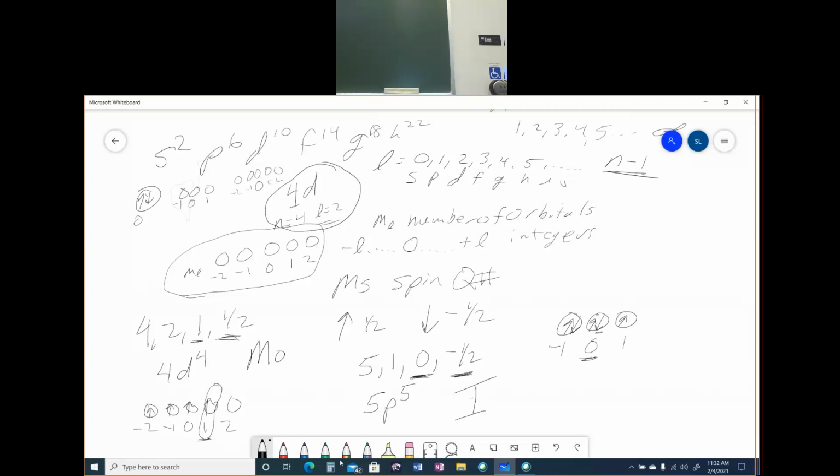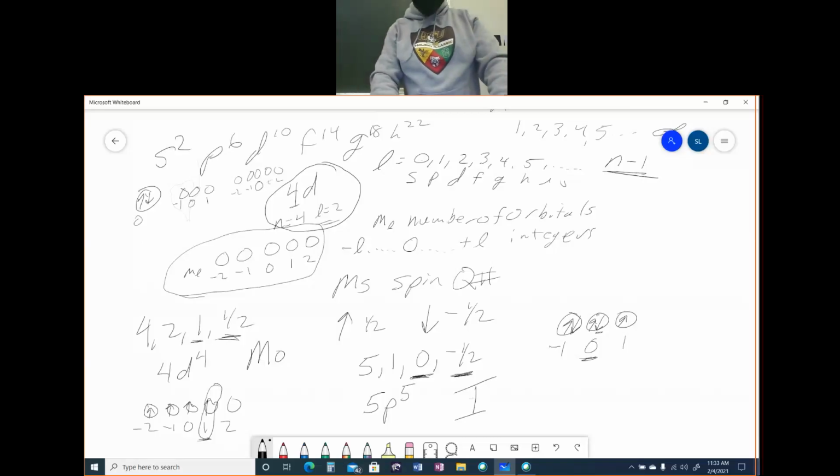We know that S starts at 1, P starts at 2, we'll get that right. Then you have to know that D starts at 3. You know it doesn't come in until row 4. First row of F is a 4F. You have to know when they start. All right.